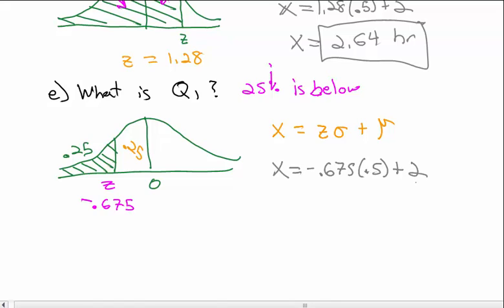Negative 0.675 times 0.5 plus 2 gives us the Q1, where 25% of the computers are below, first quartile of 1.6625 hours. If you made it a fraction, it would be 53/80ths of an hour. That's not really good. Maybe we'll say 1 hour, 39 minutes, 45 seconds.